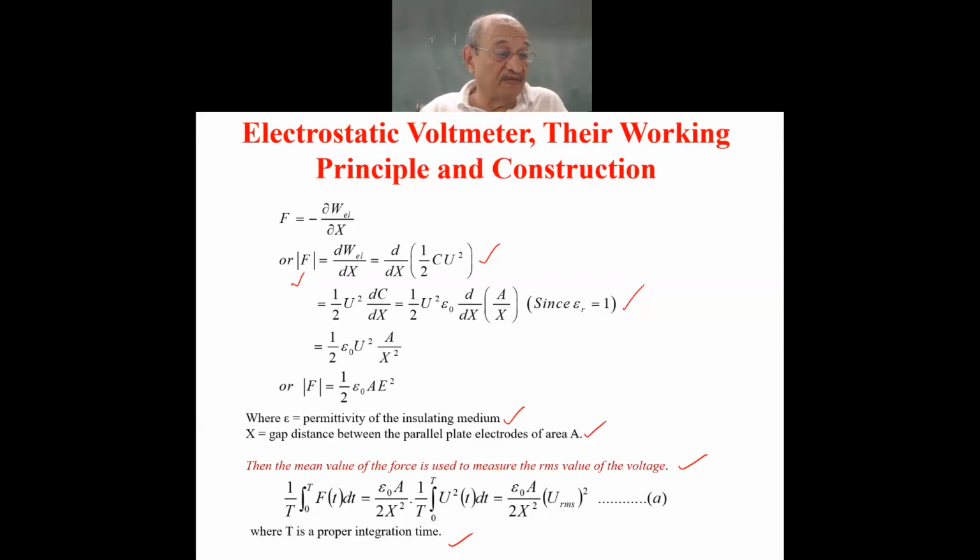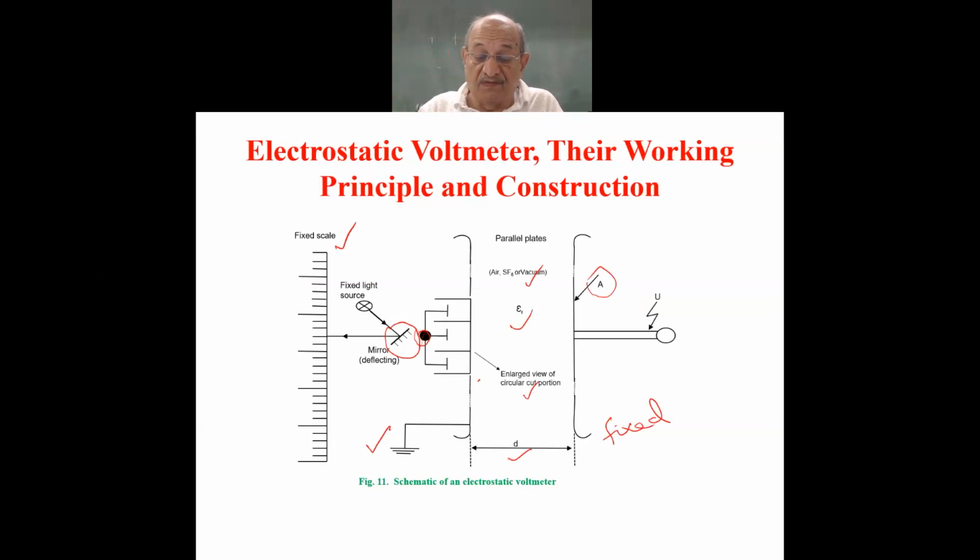The indicating instrument shows F, at fixed X, proportional to the RMS value. Actually, X is taken to be fixed. The indicating instrument, the force, let's go back. Yeah, X is fixed for the range, and the scale here is calibrated according to the range.